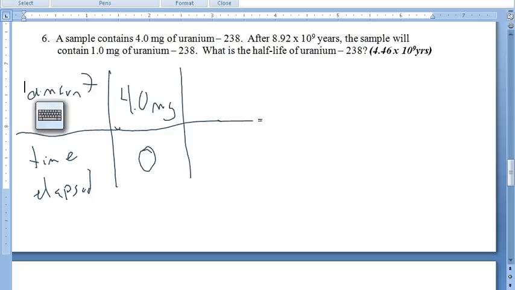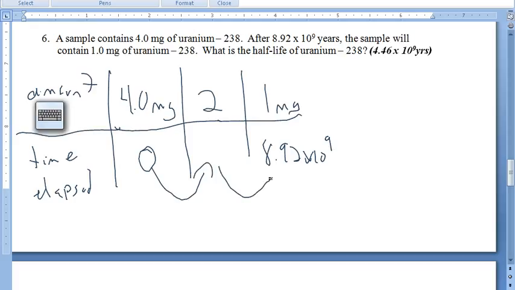So half of 4 is 2, half of 2 is 1 milligram, and it tells us the years here, 8.92 times 10 to the 9th, so billions of years, which takes quite some time. The issue is, what is the half-life? So how did I go from here to here and then here to here? And what's that half-life there?